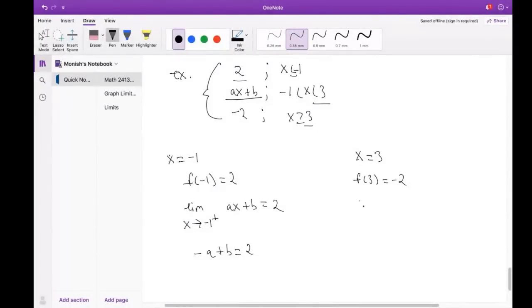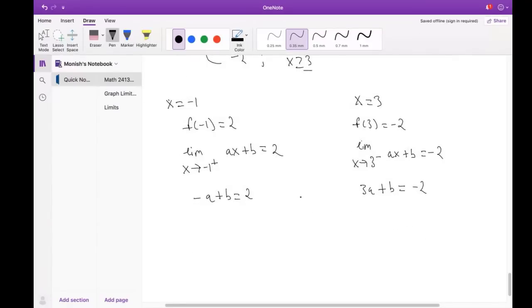So we need to make sure that the limit as x approaches 3 from the left of ax plus b is also equal to -2, so that we fulfill that third condition of continuity. Once again, I'll plug in 3. So 3a plus b is equal to -2.